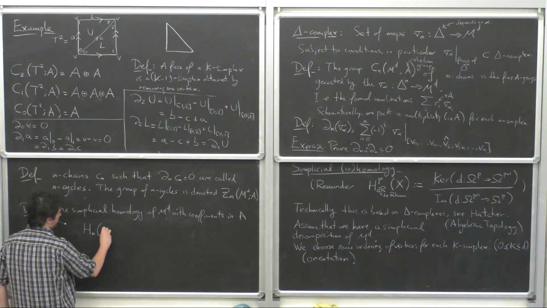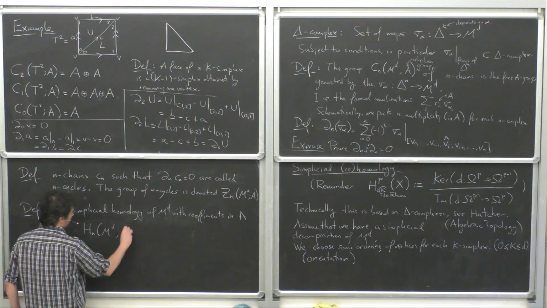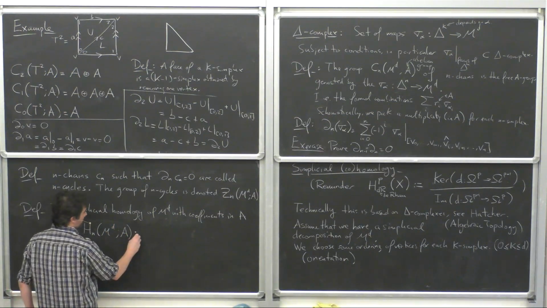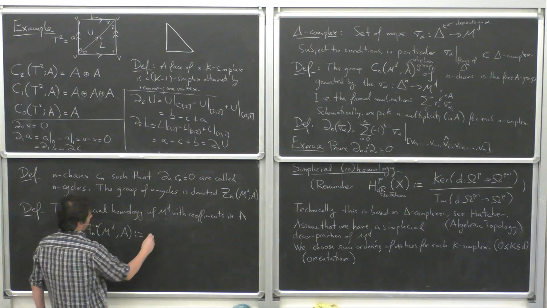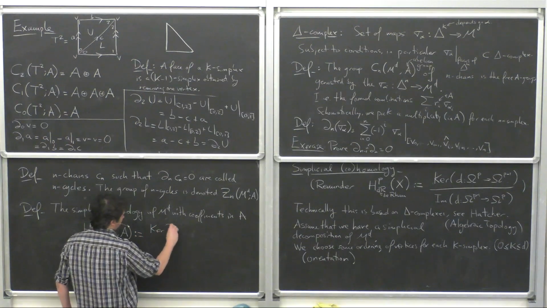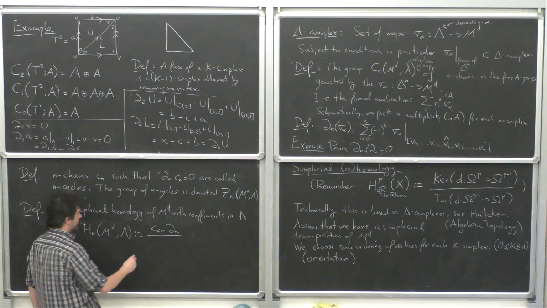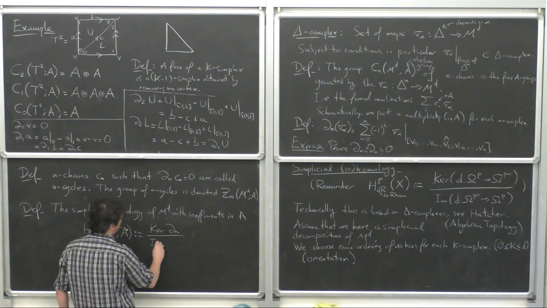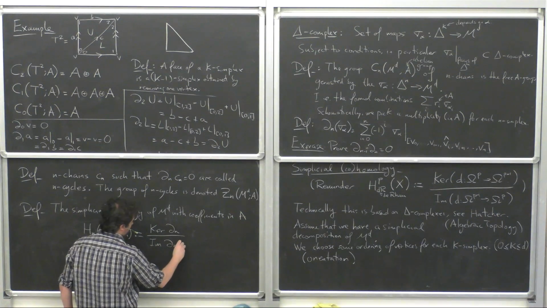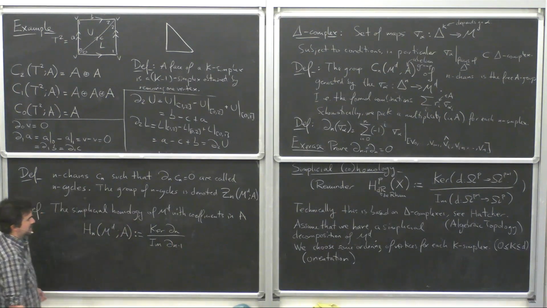Hn of M with coefficients in A, and that's defined as the kernel of the n-dimensional boundary, so those things which are cycles, divided by the image of d n plus 1. So those things which are boundaries.